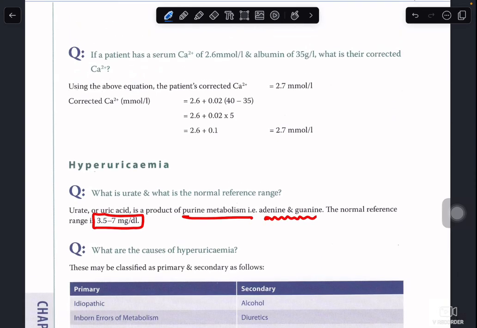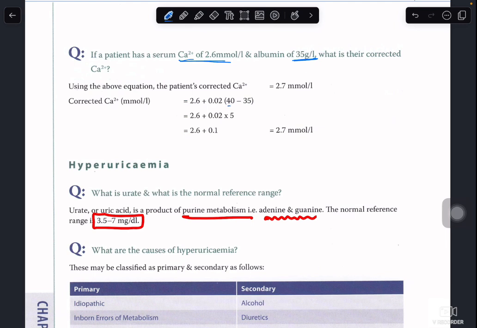Now the scenario: if the patient has a serum calcium of 2.6 millimole per liter and albumin of 35 gram per liter, what is their corrected calcium? Again, we apply that formula: 2.6 plus 0.02 times the normal albumin minus the patient serum albumin.